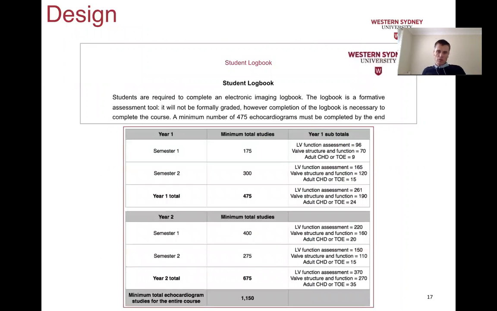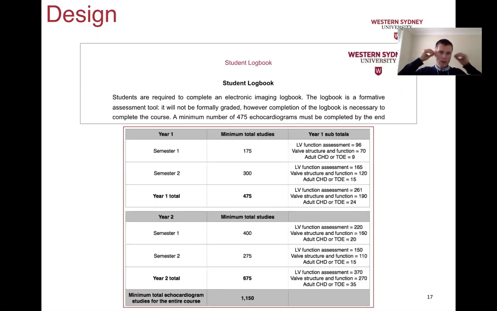Here's the part you've been looking for, Shema. As I was saying, these slides will be available via VUEs, and there's also a place where you can access information about the logbook via VUEs, so you don't need to write these numbers down. There you can see, in semester 1 of this second year, there are 400 studies due. Semester 2, there will be 275. So the total for this year is 675.